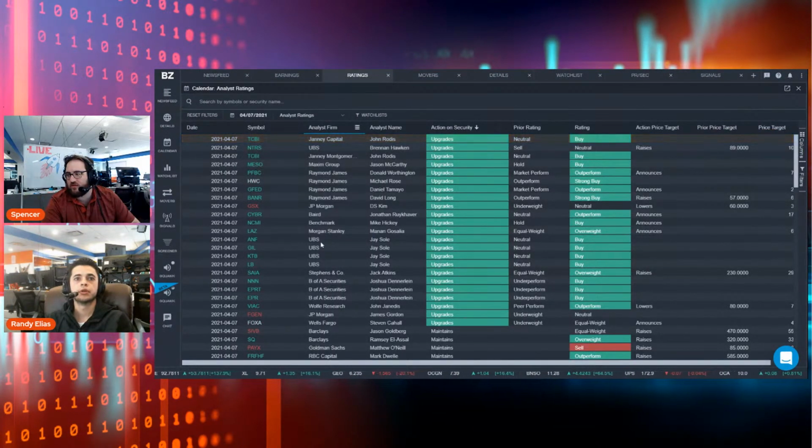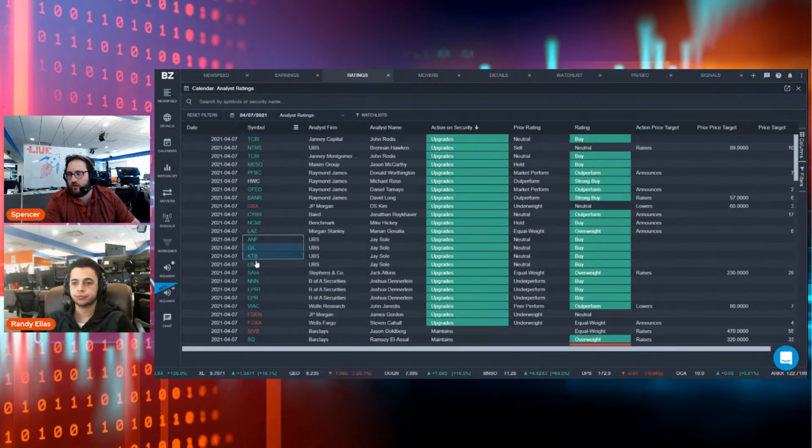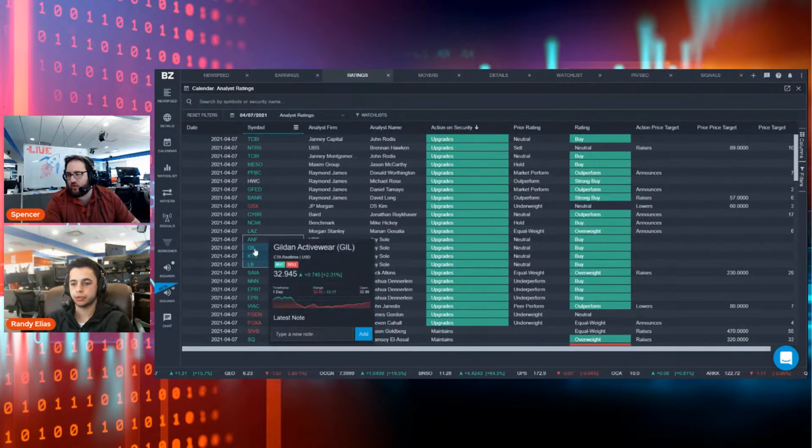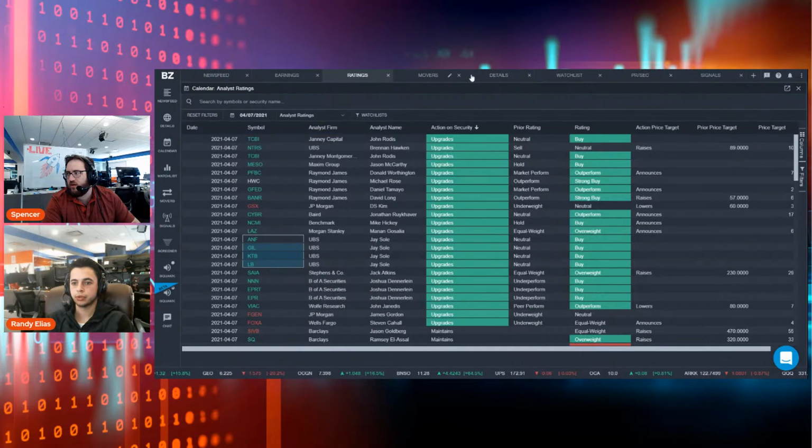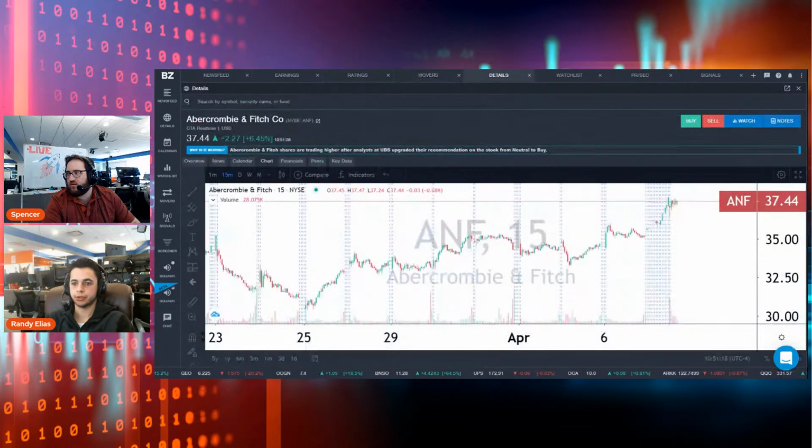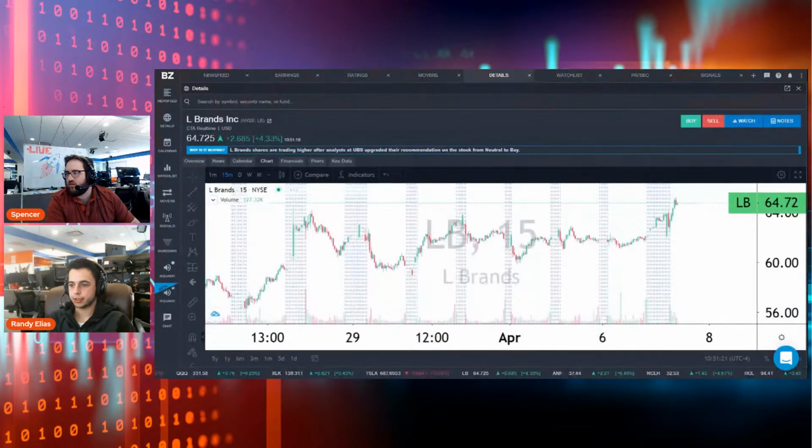There it is. UBS analyst Jay Sole is upgrading these four stocks to buy: Abercrombie and Fitch, GIL, which I don't really know, KTB, which I don't really know, and L Brands. So those stocks are moving this morning off the upgrade.